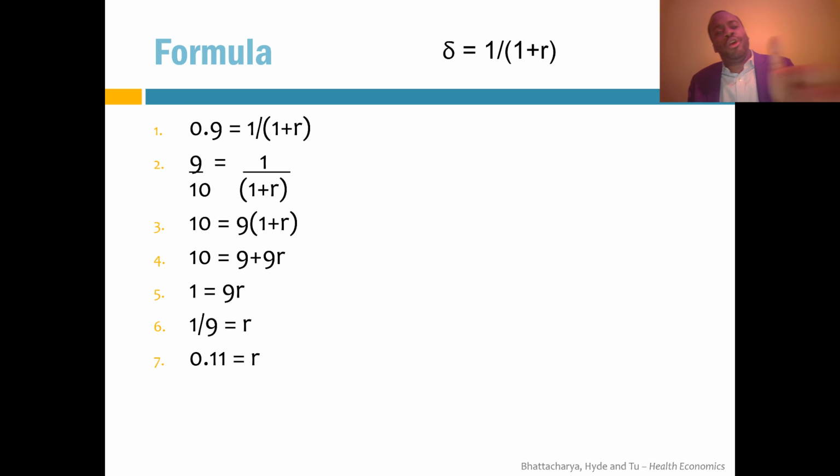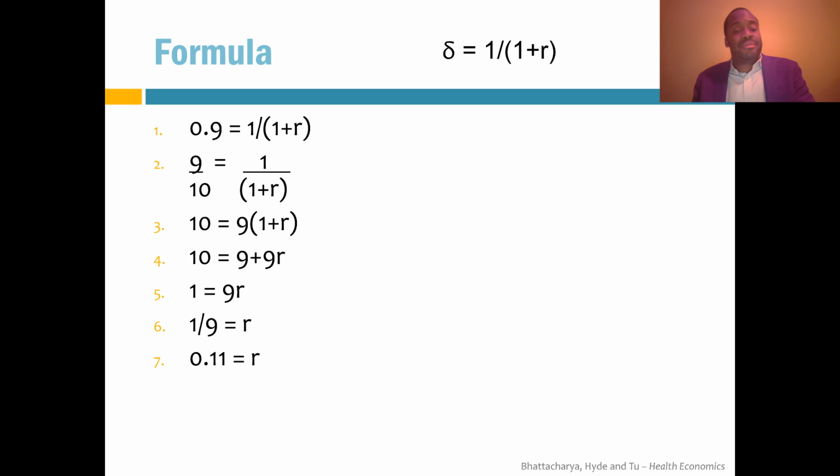9/10 equals 1 over 1 plus R. Then I multiply both sides by each other. So 10 times 1 is 10, and then 9 times 1 plus R is 9 times 1 plus R. I solve it out. So that turns into 9 times 1 is 9, plus 9 times R is 9R.